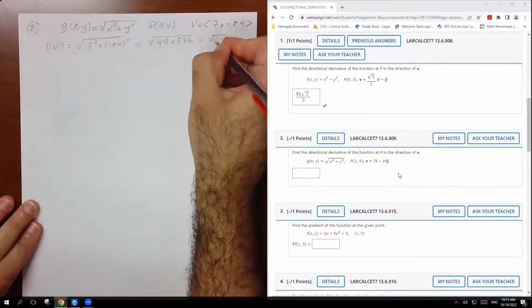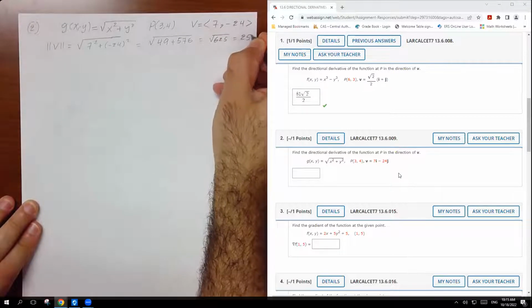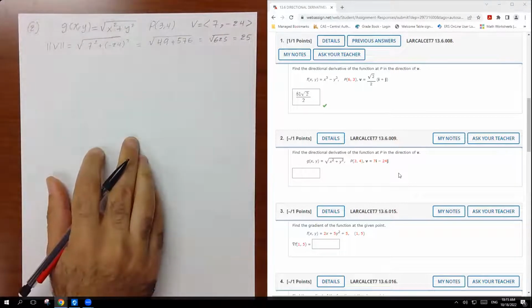The square root of 625 is 25, which is not 1. That means this is not a unit vector.